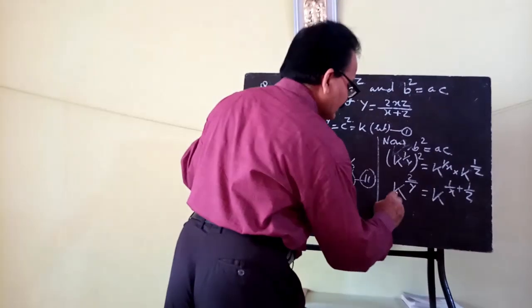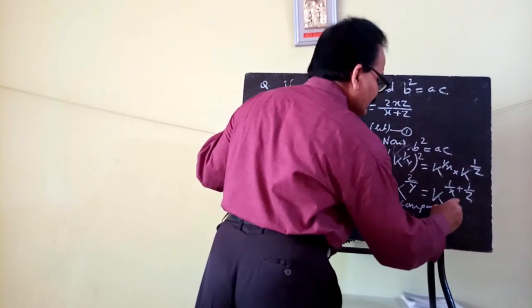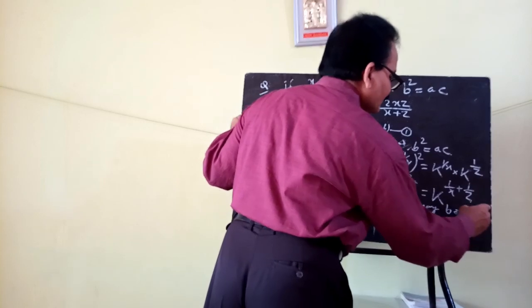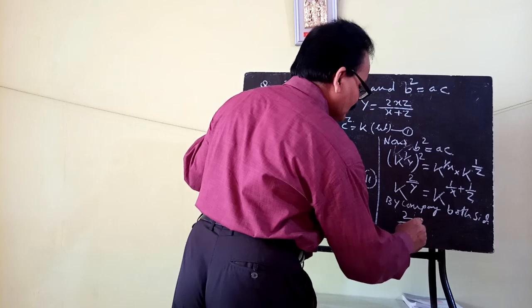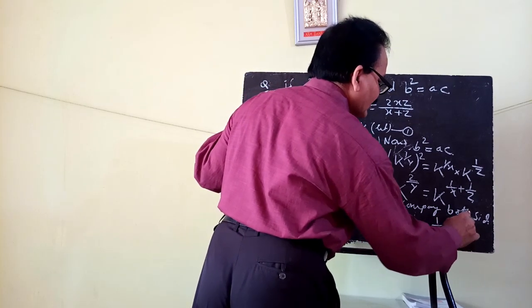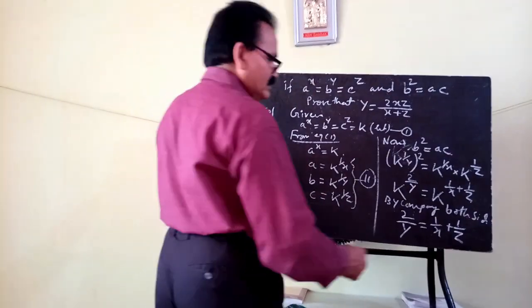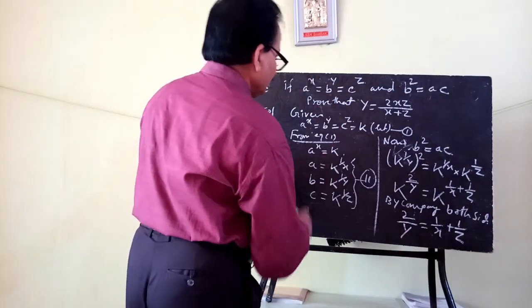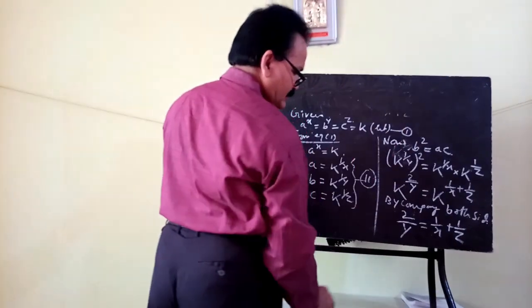Okay, now you write by comparing both sides. By comparing both sides, what will happen? This is 2 by y and 1 by x plus 1 by z. Clear? So now again you try to solve it.